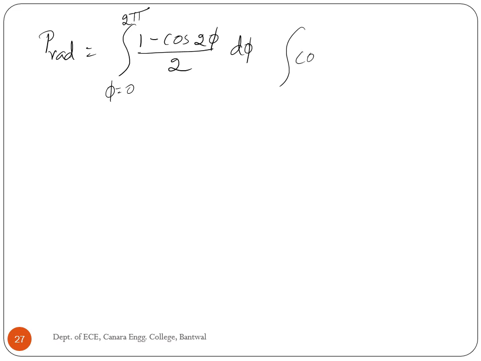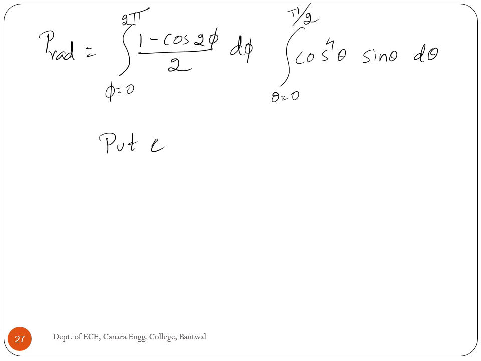Integration of sin square phi is (1 minus cos 2 phi) divided by 2 d phi from 0 to 2 pi, and the integration of cos to the power 4 theta sin theta d theta where theta is 0 to pi by 2.